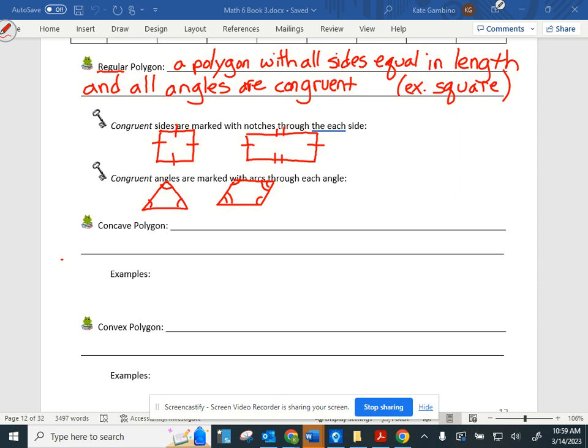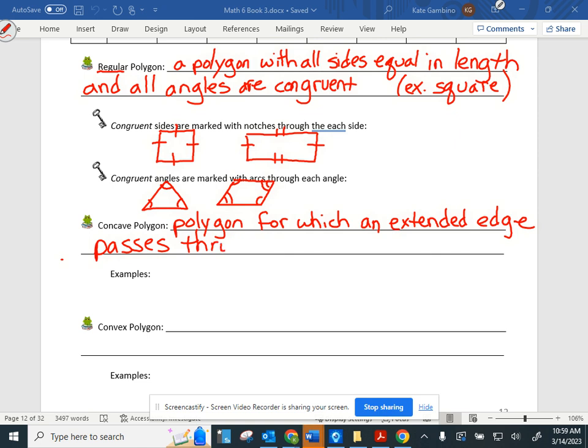A concave polygon. It's a cave polygon. It kind of looks like there's a cave-in that happens. So technically, we would say a polygon for which an extended edge passes through the figure.